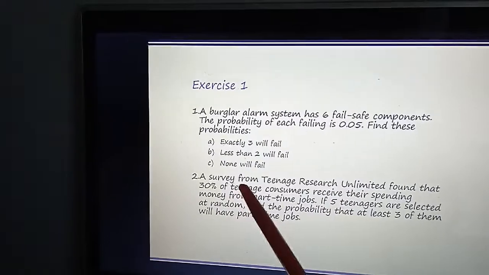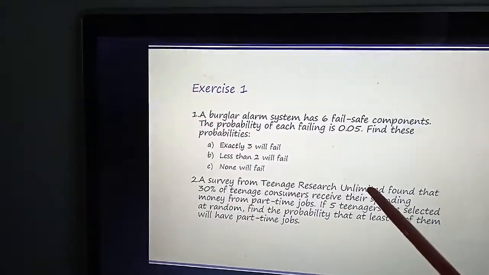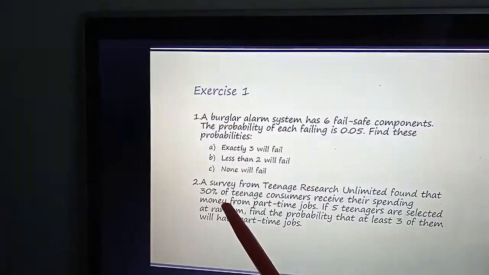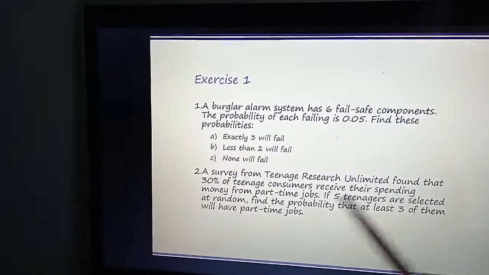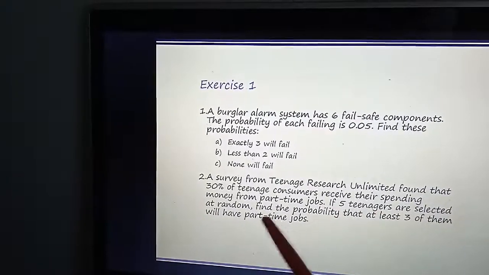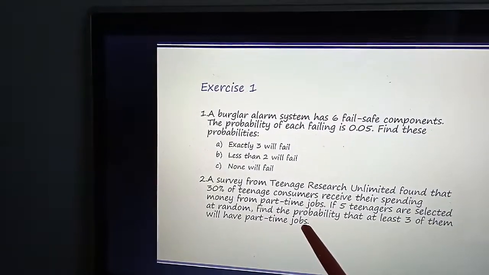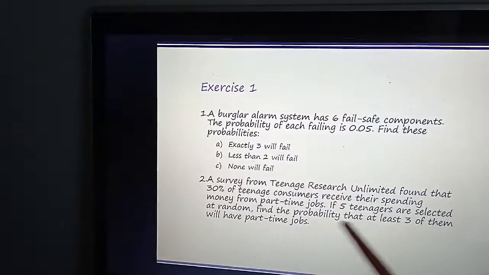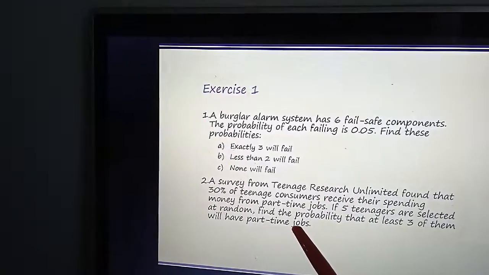Number 2, a survey from Teenage Research Unlimited found that 30% of teenage consumers receive their spending money from part-time jobs. If 5 teenagers are selected at random, find the probability that at least 3 of them will have part-time jobs.